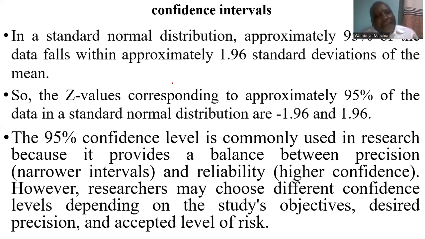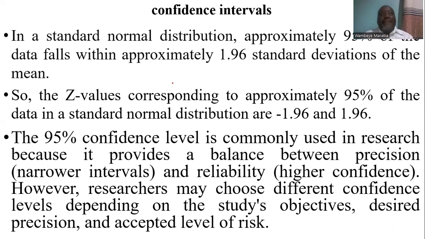Now, the 95% confidence level is commonly used in research because it provides a balance between precision and reliability. However, researchers may choose a different confidence level depending on the study objectives, desired precision, and acceptable level of risk.